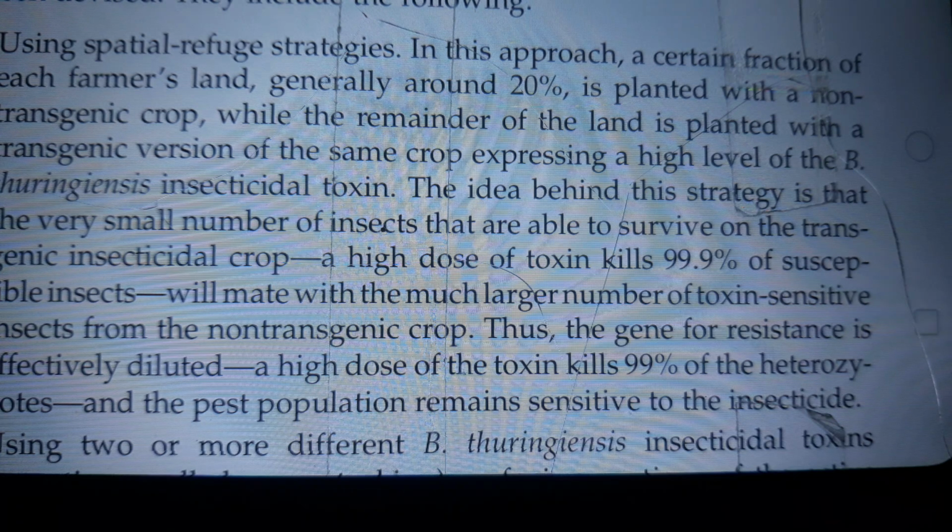they include the following. Using spatial refuge strategies, where a certain fraction of each farmer's land, generally around 20%, is planted with a non-transgenic crop, while the remainder of the land is planted with a transgenic version of the same crop expressing a high level of the B. thuringiensis insecticidal toxin.